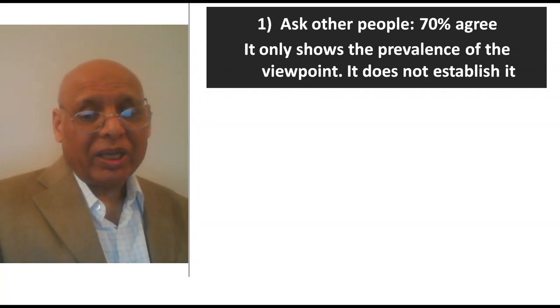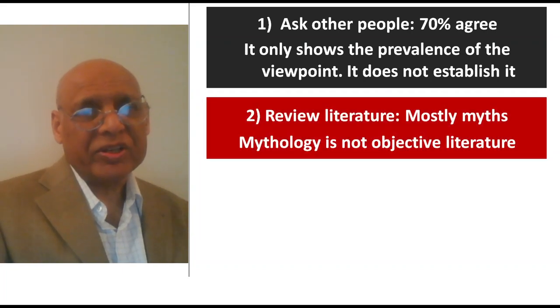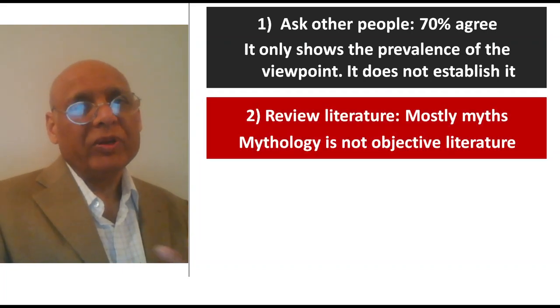So I say, okay, let's move to the next step, and I start reviewing the literature. When I review the literature, I figure out that Indians or Hindus believe in it.